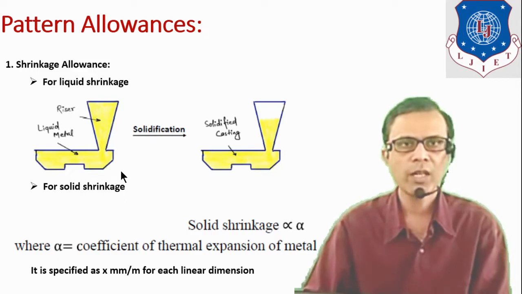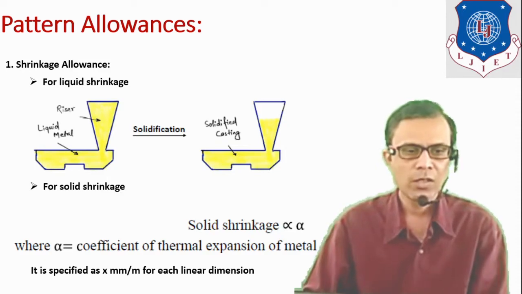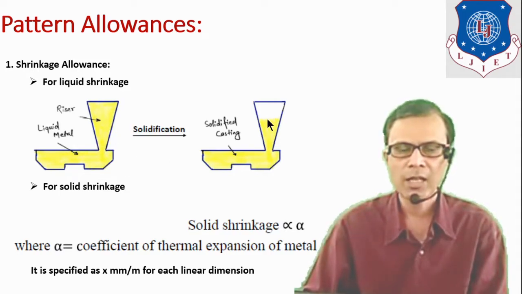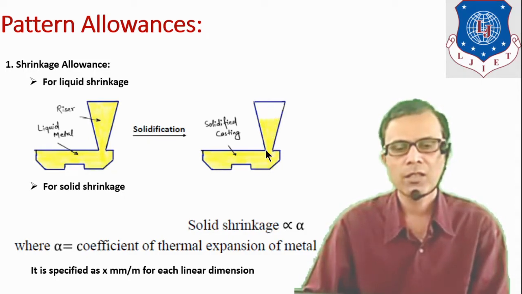Now during solid shrinkage, when its volume decreases, it will require molten metal to compensate that decrease. That metal is supplied from this riser portion. Here in this diagram you can notice that the level of liquid metal is decreased, up to this much level.